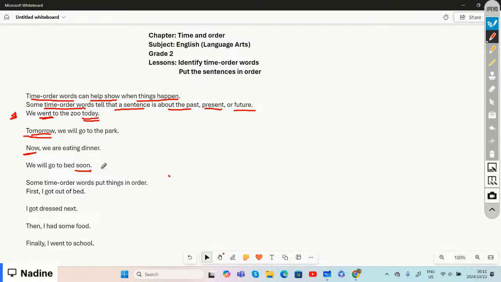Some of the time order words are just random, but some you can even put in order. All right, so now we're going to A plus students.ca.